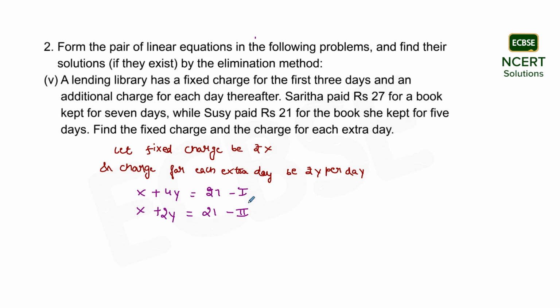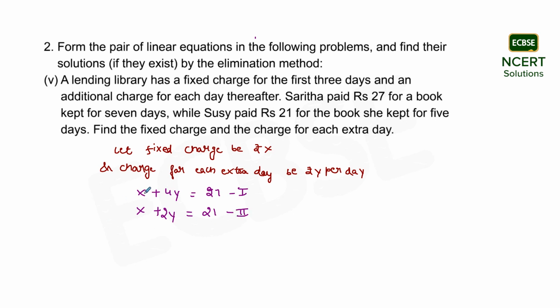Now as we have obtained the 2 linear equations from this problem, we will be solving this using the elimination method. What the elimination method says is that we need to keep in mind that the coefficient of the variable remains the same in each of the linear equations. That is, the numerical coefficient, say for this case of x, should be the same in equation 1 as well as in equation 2.